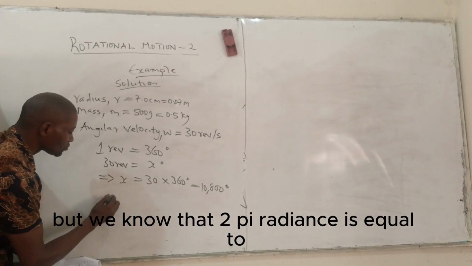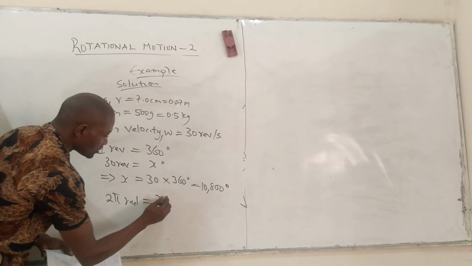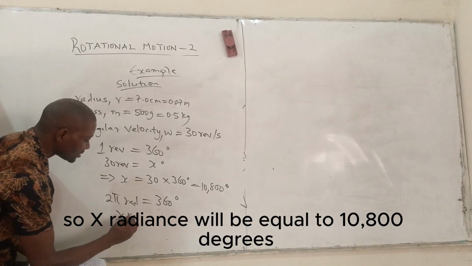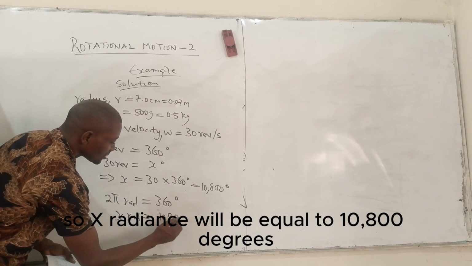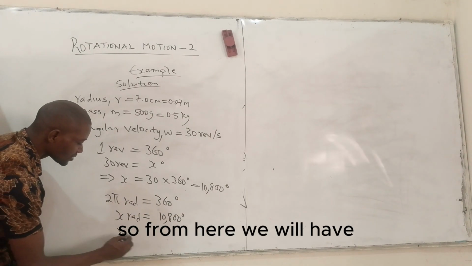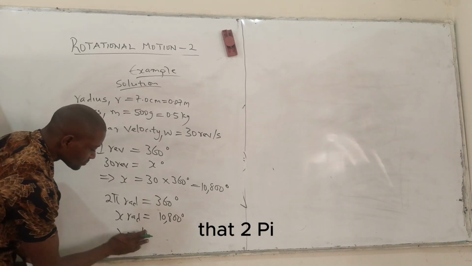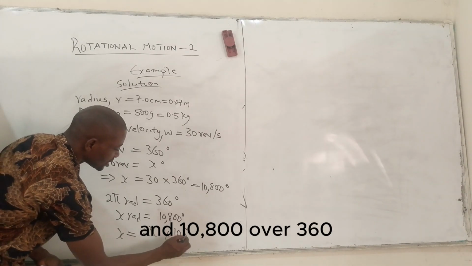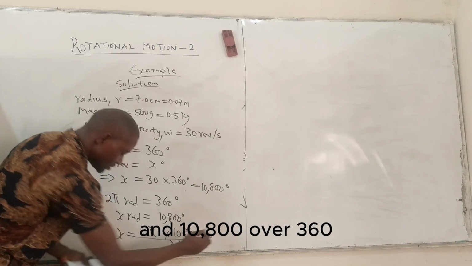But we know that 2 pi radians is equal to 360 degrees. So x radians will be equal to 10,800 degrees. So from here, we will have 2 pi times 10,800 over 360.